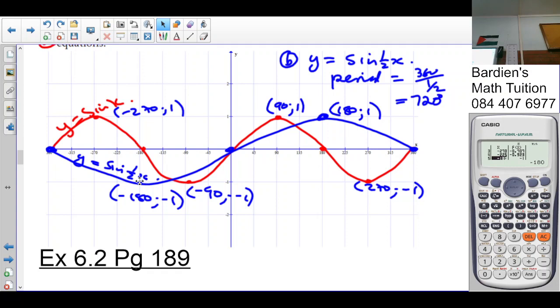Was there an amplitude change in this graph? No. Still from maximum to the neutral point or 0 or the middle point, it's still a distance of 1. The amplitude is still 1. And we read the amplitude basically off from the number in front of the sine. Okay. So that's that.